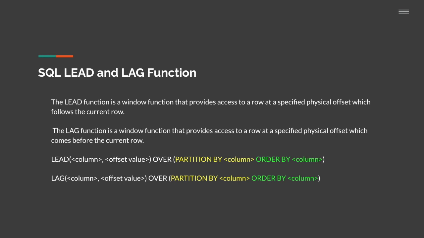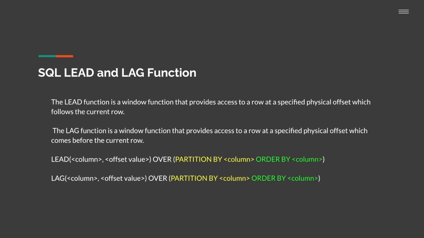After providing those two inputs, you'd then give the over keyword, and then in brackets it takes two inputs: the partition by and the order by. The partition by is optional and the order by is required. What the partition by does is it allows for the grouping of data that is utilized in the function.